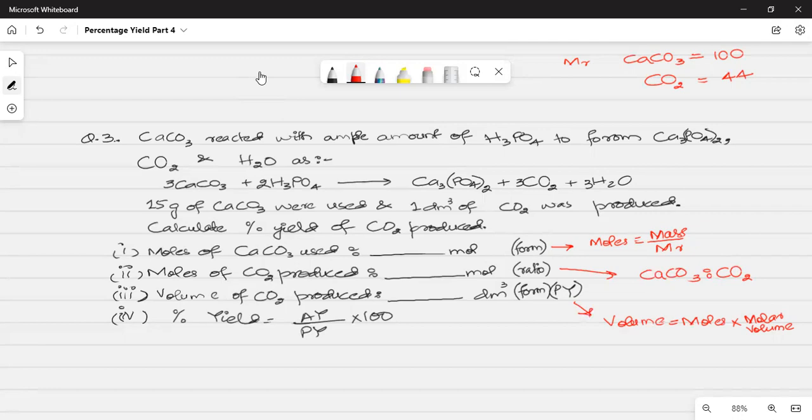Second, in order to clear out the confusion, remember ratio has 2 steps. In the first step, you quote the numbers from the balanced chemical equation under the chemicals as given. So for CaCO3 over here, as you can see, okay, that CaCO3 is ready. Just a second.